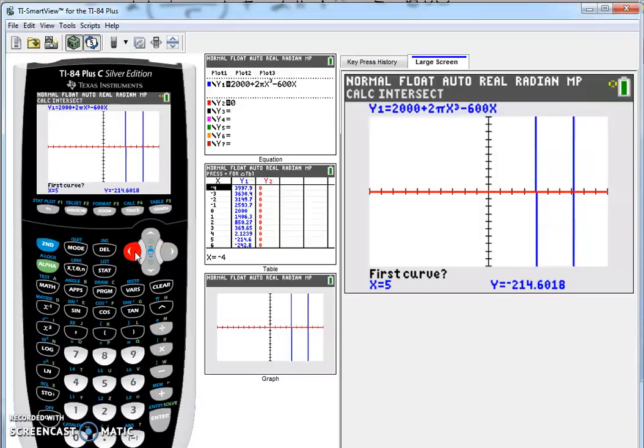So I already passed it. Okay, let's see. So notice that I'm using this as a guide. So 1, 2, 3, 4, somewhere around 4. My cursor is not appearing here, but we're close enough to this first intersection.